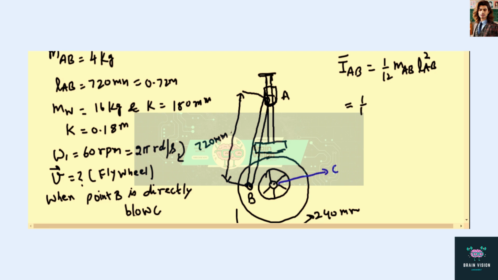Calculating its value, mass is given 4 kg, length is 0.72. So its moment of inertia about its centroid would be 0.1728 kg meter square.